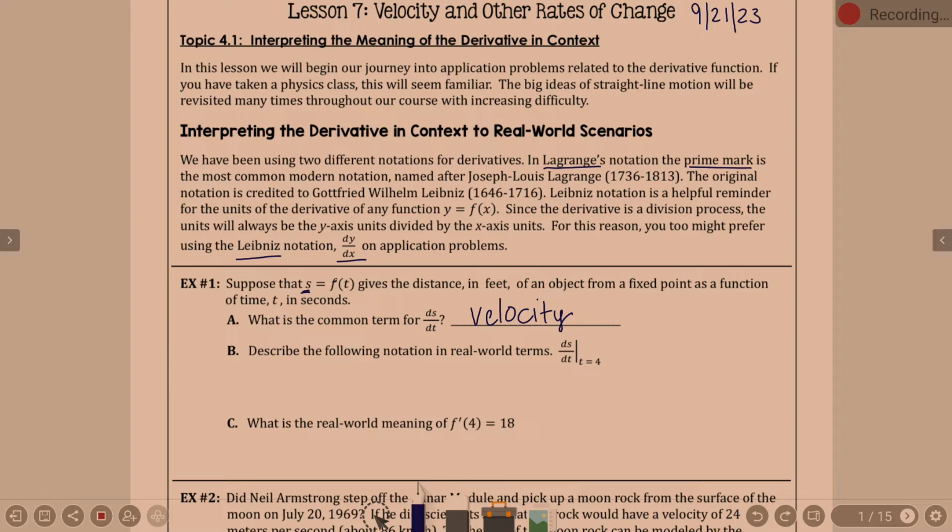This is only the first derivative. Distance over time is velocity, not acceleration. Acceleration is distance over time squared. When we talk meters per second, we're talking velocity. When we talk meters per second squared, we're talking acceleration.